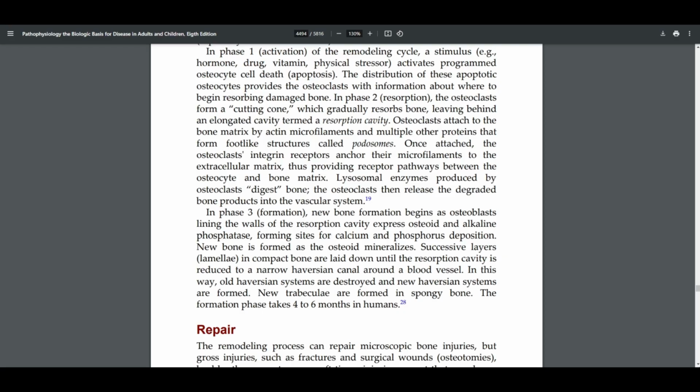Osteoclasts attach to the bone matrix by actin microfilaments and multiple other proteins that form foot-like structures called podosomes. Once attached, the osteoclast's integrin receptors anchor the microfilaments to the extracellular matrix, thus providing receptor pathways between the osteoclast and bone matrix. Lysosomal enzymes produced by the osteoclasts begin digesting bone, and the osteoclasts then release the degraded bone products into the vascular system.